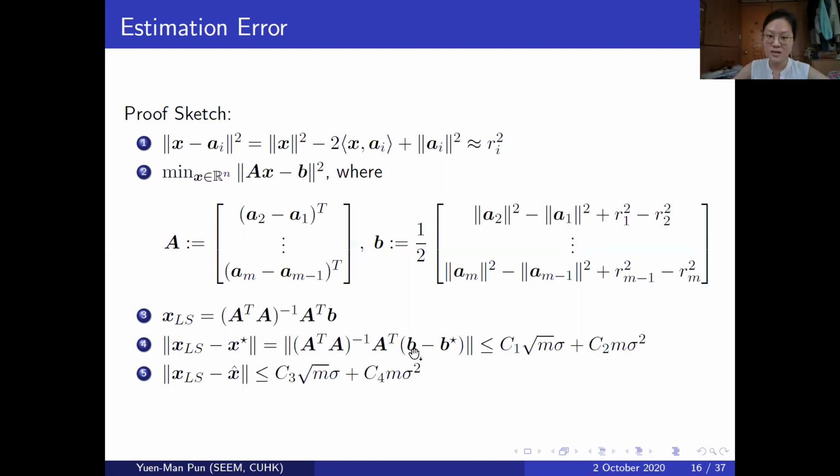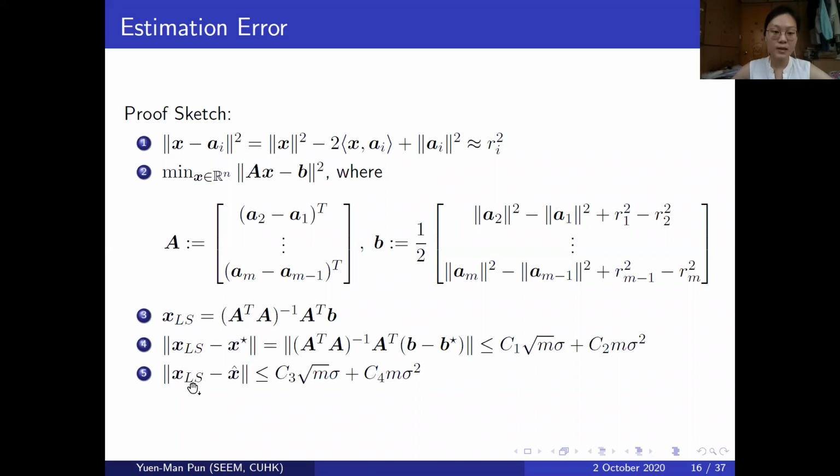If we consider b minus b star, there are only terms R_i squared minus R_i star squared. Again we impose our noise assumption, and we get an upper bound on the distance between the least squares solution and the ground truth.